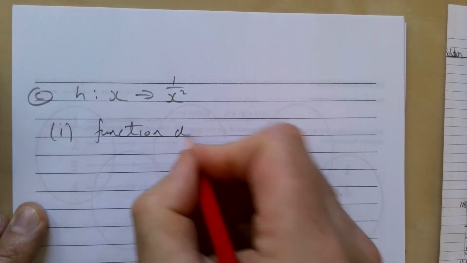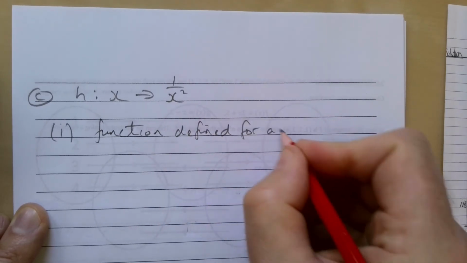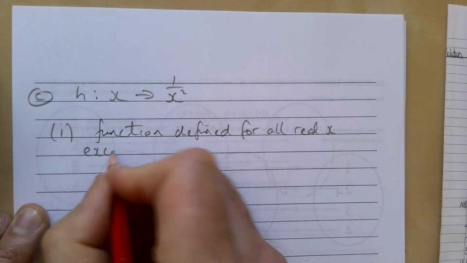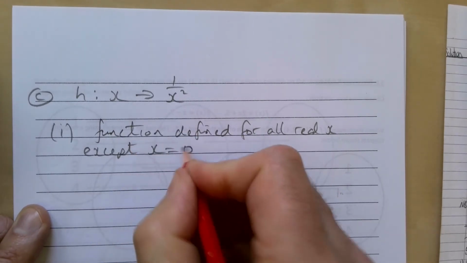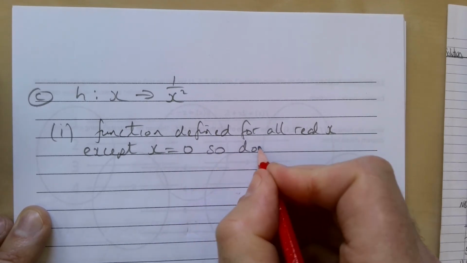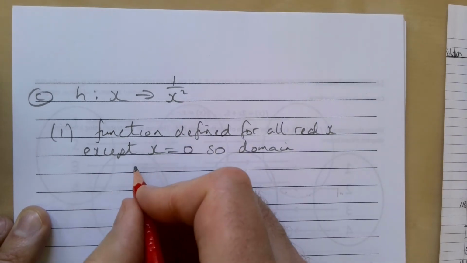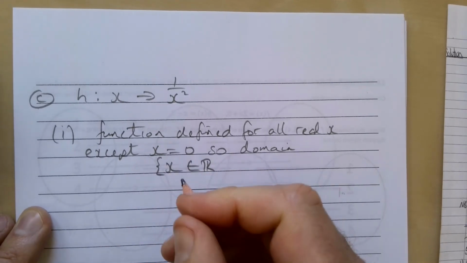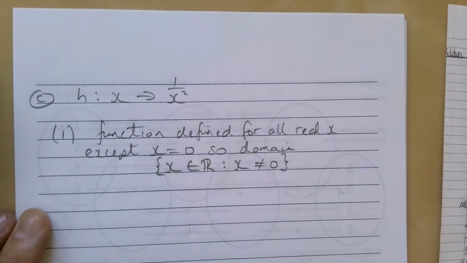So my function is defined for all real x except x equal to 0. The domain will be written as x is a member of the real numbers, however x cannot be equal to 0.